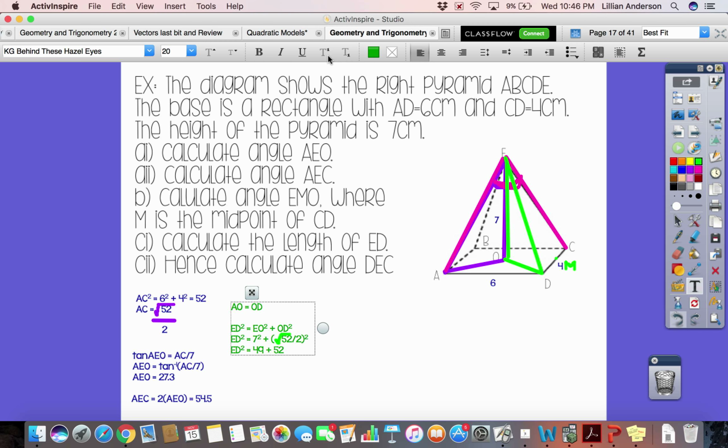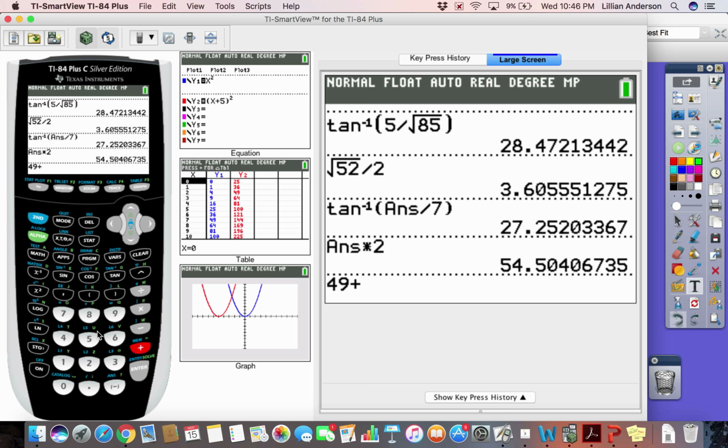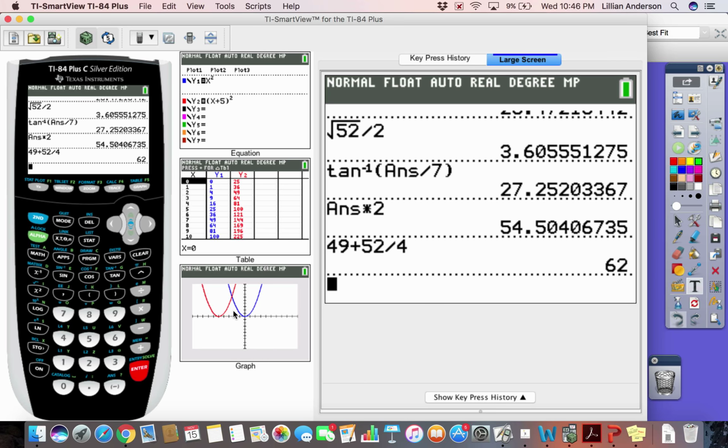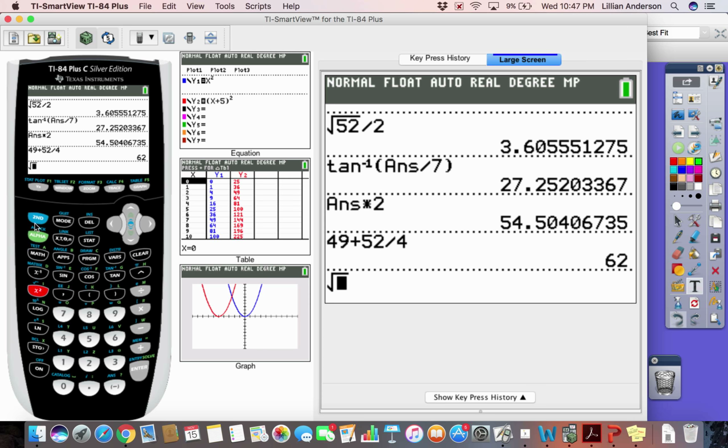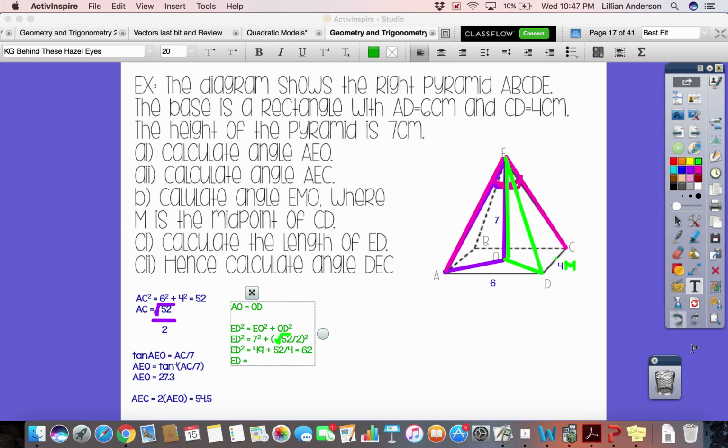And when you square a fraction, you not only square the top, but you also square the bottom as well. Now 54 plus 52 over 4, off the top of my head, I'm not quite sure. It's actually a whole number, 62. So then ED is equal to the square root of 62, and our answer is 7.87. And don't forget our units, which are centimeters.